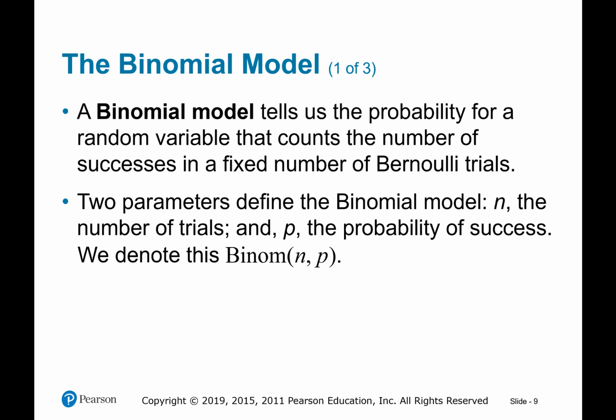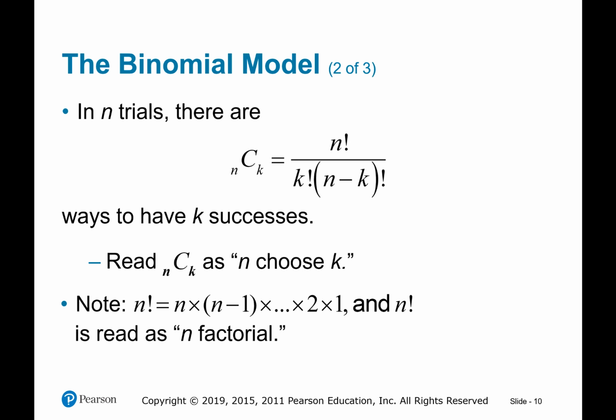We're going to need 2 parameters for a binomial: how many trials we're going to run, and of course the probability of success. Now again, I'll hopefully show you how to use the calculator. Your Nspires, hopefully you brought those home too. We'll go through that. All right, but formulas you need to know here.